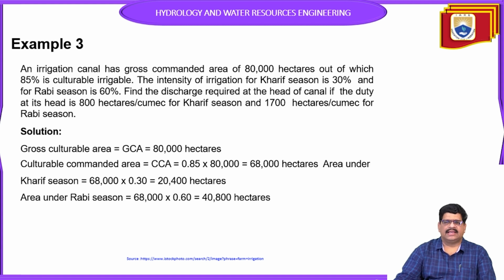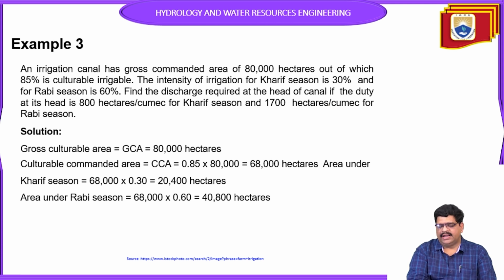An irrigation canal has a gross command area of 80,000 hectares, out of which 85% of the culturable area is irrigatable. The intensity of irrigation in the Kharif season is 30% and in the Rabi season is 60%.